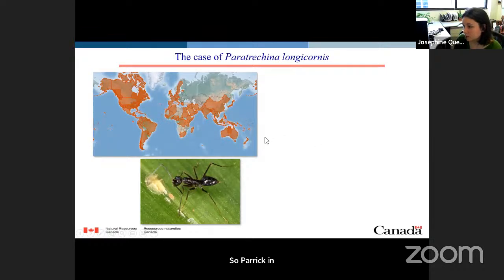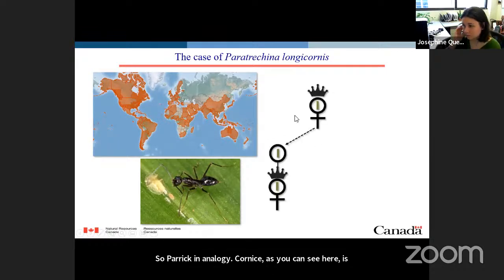And what's interesting about this species is that the queens within the colony are haploid. So they only have one set of chromosomes. And when they want to make reproductive females, so more queens, they activate an unfertilized egg that is haploid, and this will then develop into a reproductive female.